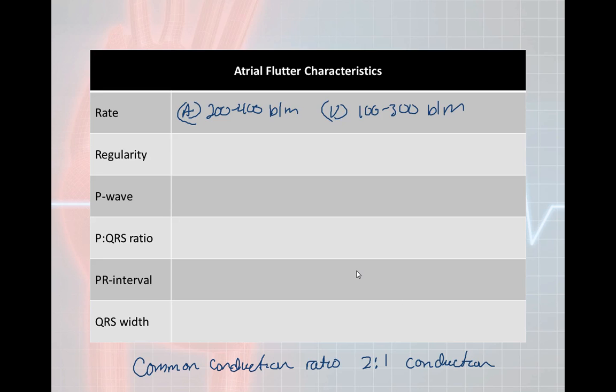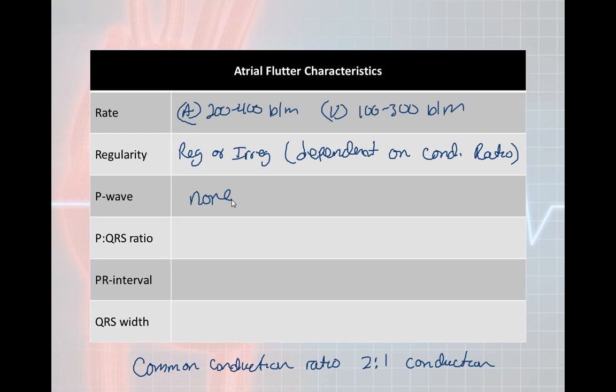The regularity will depend on the conduction ratio. It could be regular or irregular, but it's dependent on conduction ratio. The P wave: there is no P wave. It is F waves.